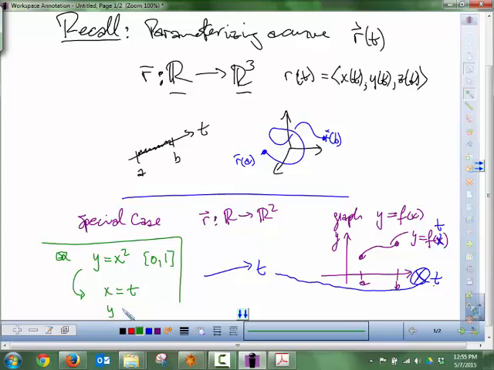And then your y is equal to x squared, but we replaced x with t, so now we're going to call it t squared. Now this r of t, the combination of x and y here, will actually draw out the same exact curve where your x is equal to t. Okay?